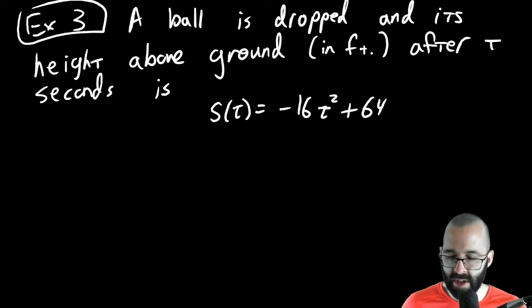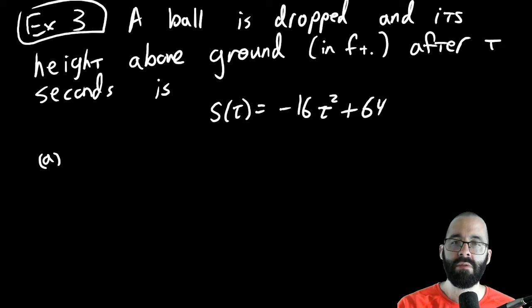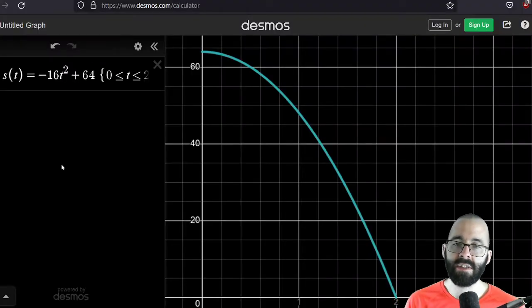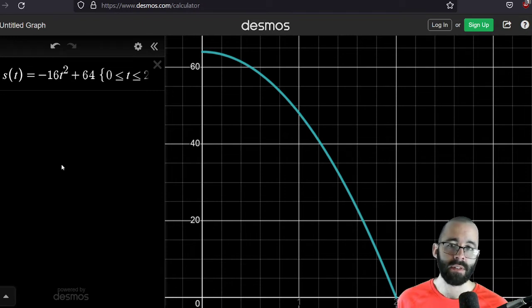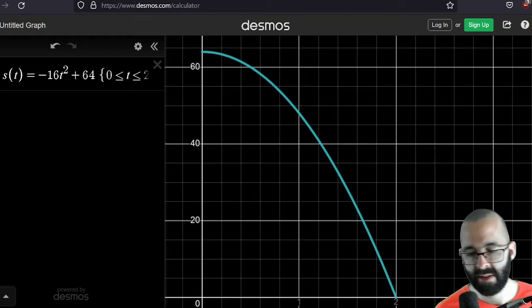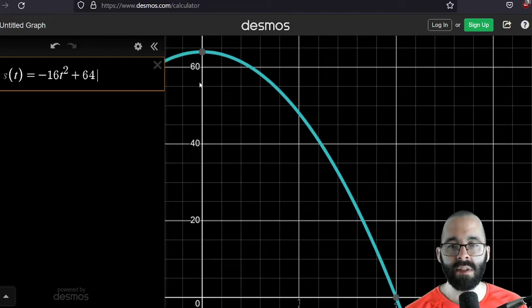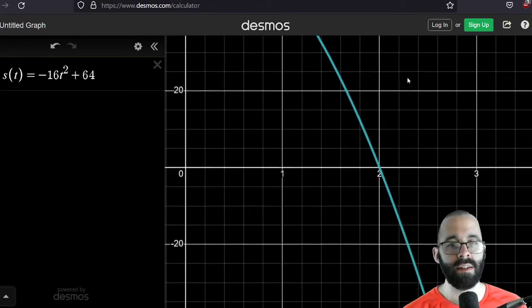And I'm going to ask you a couple questions. Also, the problem is going to provide the graph. This is what the height function looks like. Now notice in Desmos, I've given it a domain. If we did not specify the domain for this function, we'd have something very silly.